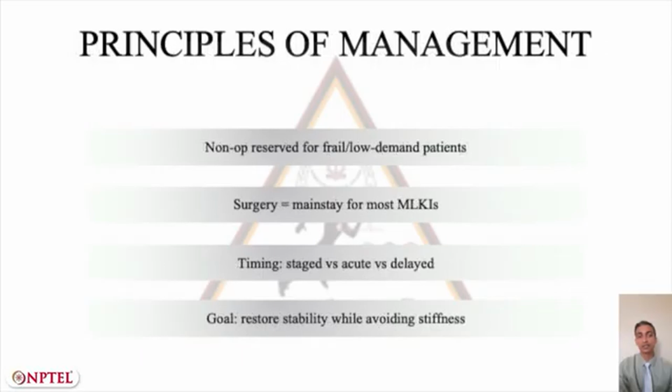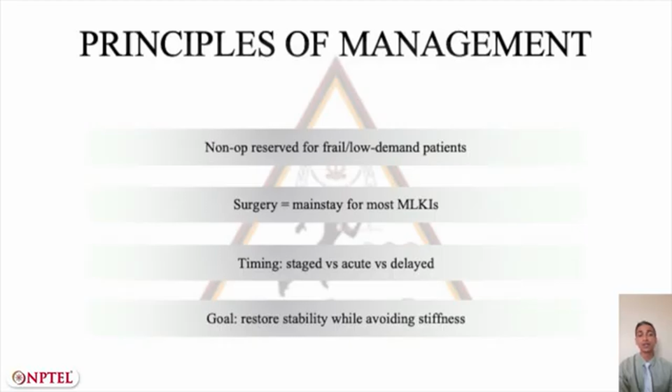Conservative treatment is reserved for low demand non-athletic subpopulation, but most multi-ligament knee injuries require surgery. The debate continues between acute, staged, and delayed surgery, each having its own pros and cons as discussed in previous lectures.